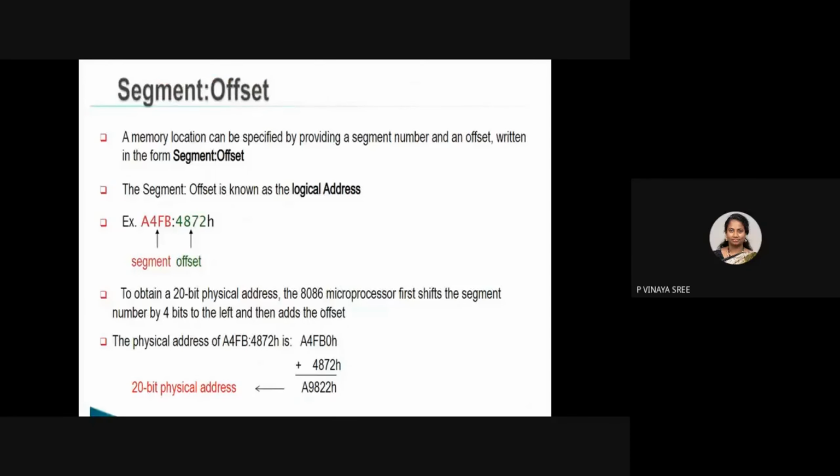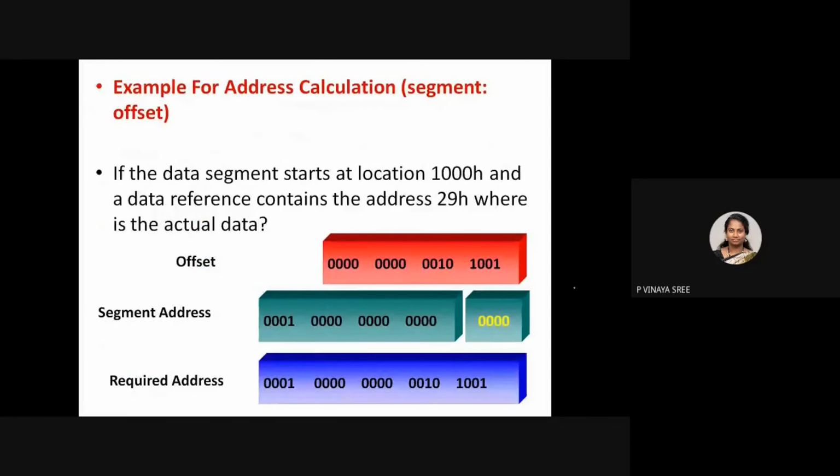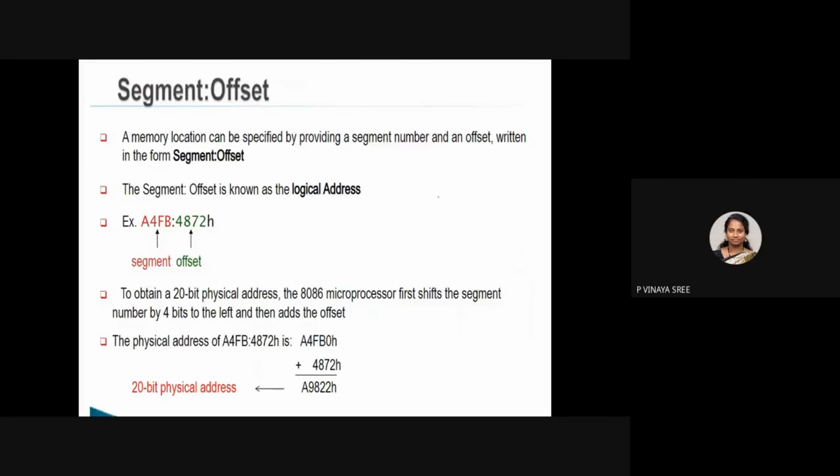Now, in some cases it will ask to represent this physical address in binary representation. In such a case, you have to convert individually. Let me first write the segment register A4FB. A is 10, and 10 in binary is 1010. 4 is 0100.